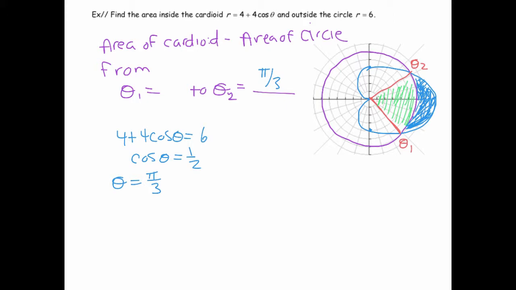Now you got to be careful. I'm going to say theta 2 equals pi over 3. You don't want to call theta 1 5 pi over 3, because the limits of integration need to come in order as they would on a number line. So you need to call the other angle, which we know is going to be in quadrant 4, negative pi over 3.